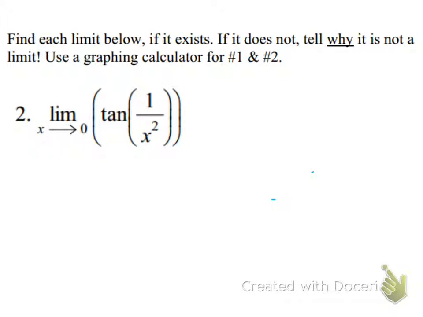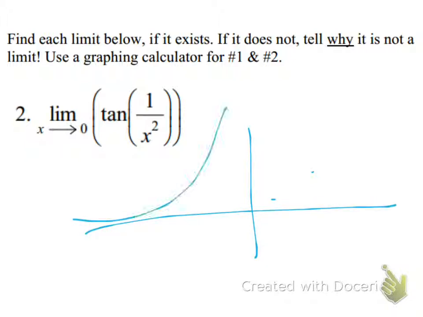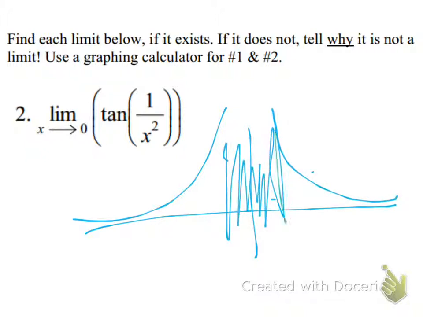Next example. The limit as x approaches 0 of tangent of 1 over x squared. So I took to my trusty calculator again, and I drew the graph. And then I zoomed in a bit. The graph kind of looked like it went up here, came back down there. Somewhere in the middle, it started oscillating back and forth around 0.